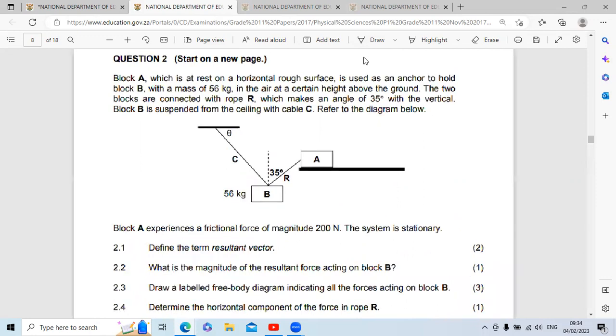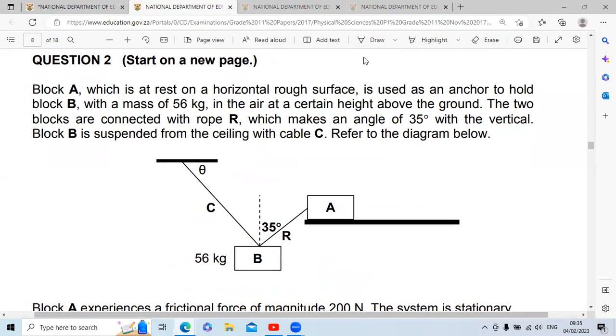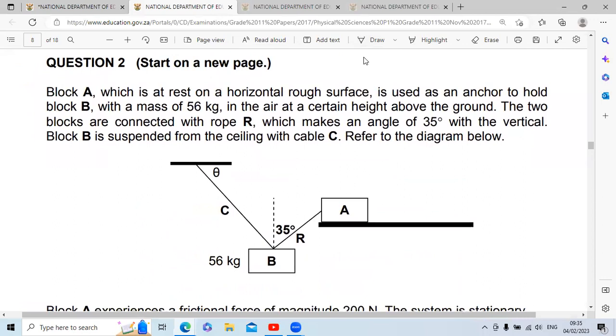So we're just going to read through the statement, and then you'll tell me what you understand from the statement, and then we'll take it from there. They say block A is at rest on a horizontal rough surface. So every time you hear that the surface is rough, it should always click in your head that there's going to be friction involved.